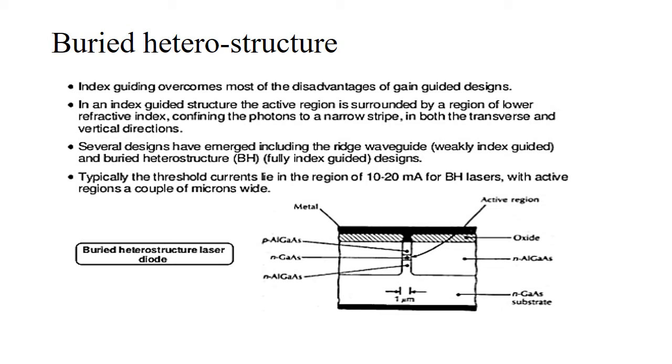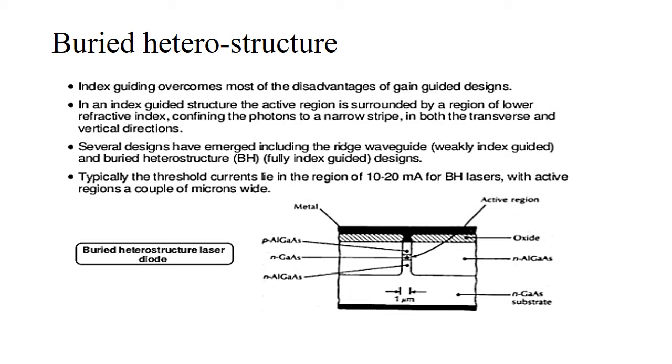In this buried heterostructure, the strong index guiding along the junction plane can provide improved transverse mode control in the injection layers. This can be achieved using a buried heterostructure device in which the active volume is completely buried in a material of wider band gap and lower refractive index.